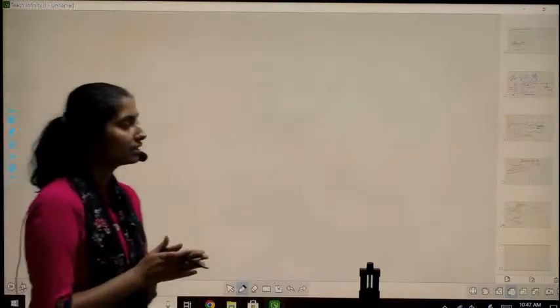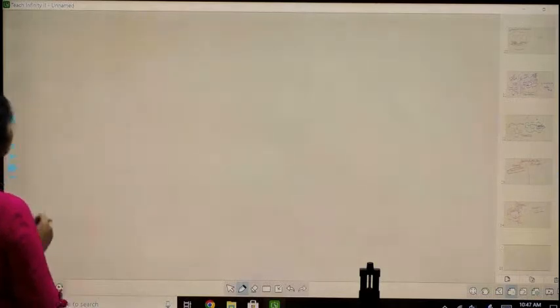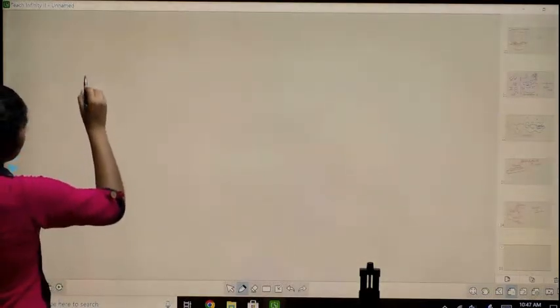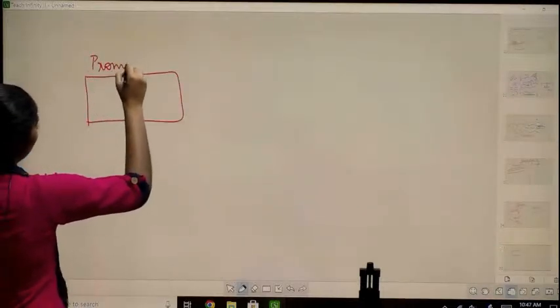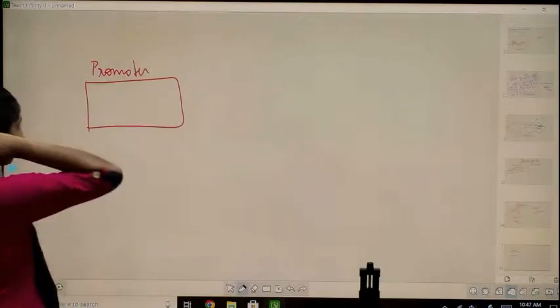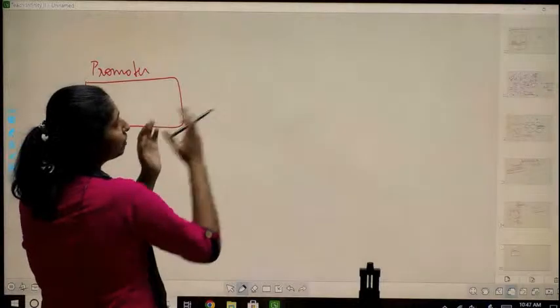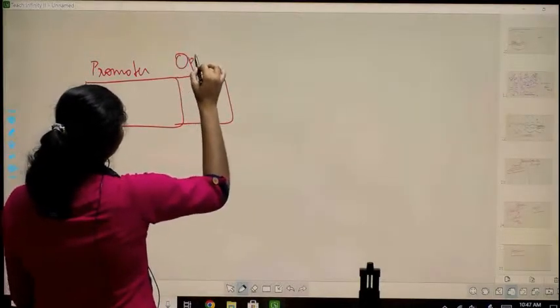So when we see the transcription unit of prokaryotes, what we are able to see is, again we have a promoter sequence, right? We have a promoter sequence similar to your eukaryotes. But now before the structural gene, we have an operator.